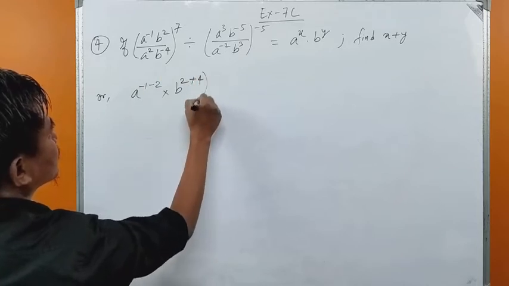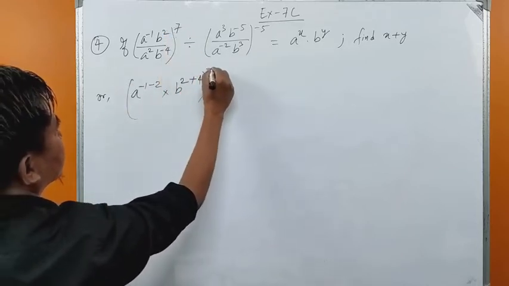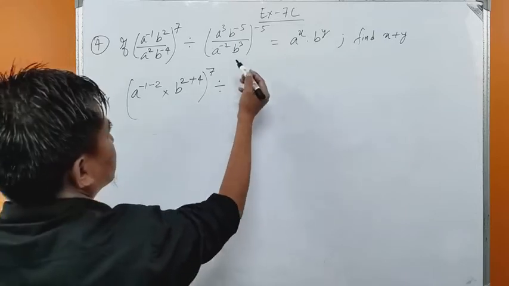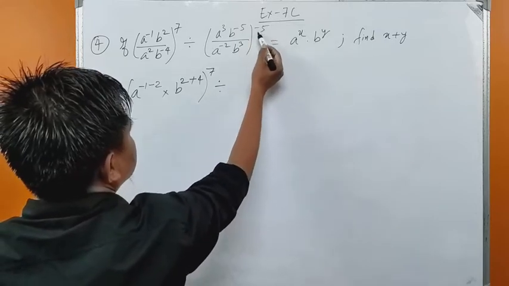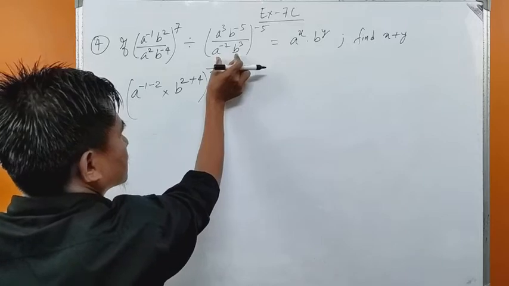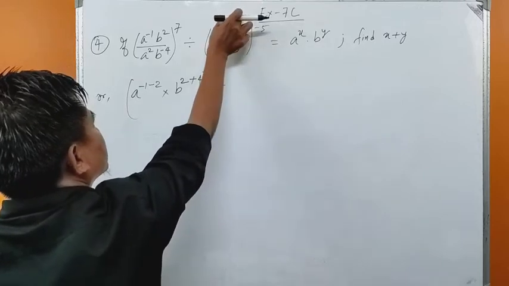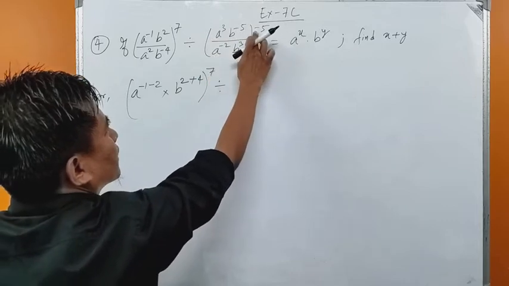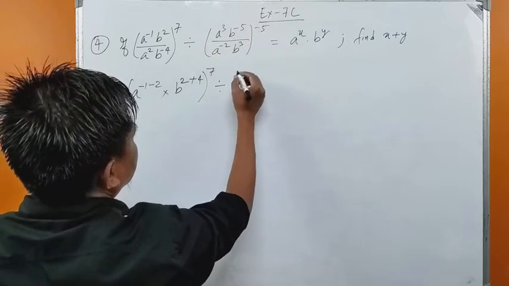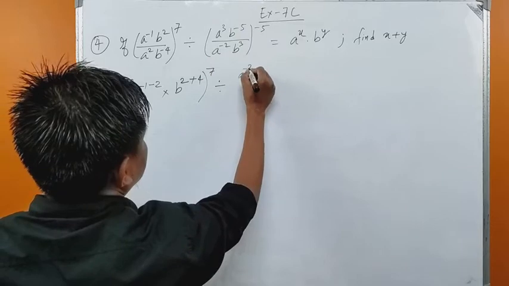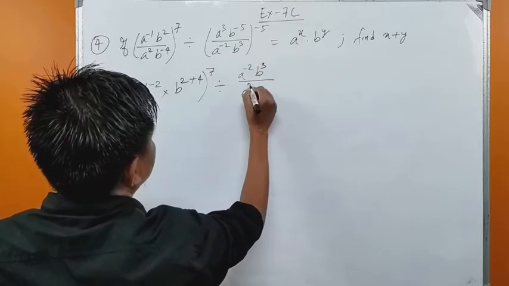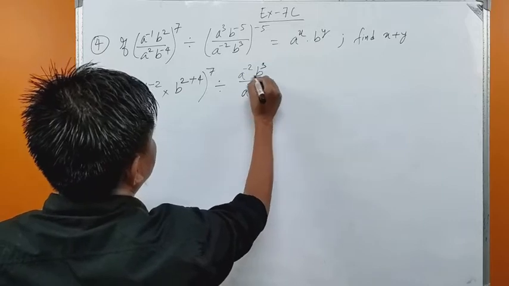Okay, so whole to the power 7 remains as it is, divided by, now what we do is the power is minus 5 here, so we take this number from the denominator to the numerator and number from numerator to denominator, so that this minus 5 changes to plus 5. Okay, so this becomes a to the power minus 2 into b cube whole upon a cube into b to the power minus 5.